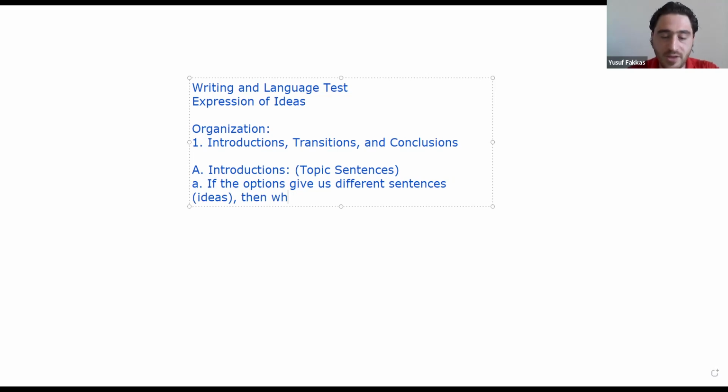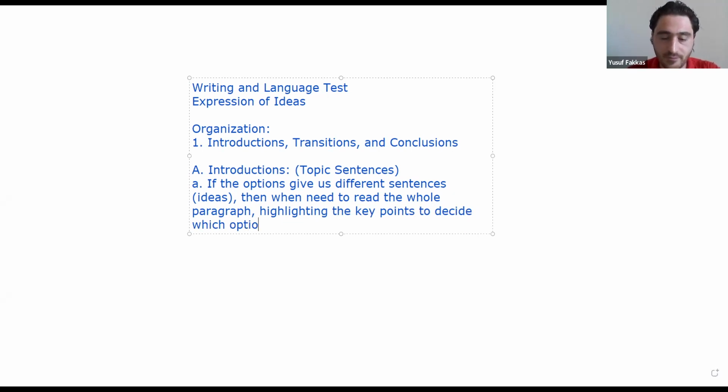Then we need to read the whole paragraph. And while we are reading, what do we do? Highlighting the key points to decide which option presents the best topic sentence. That's what we said last time, right?